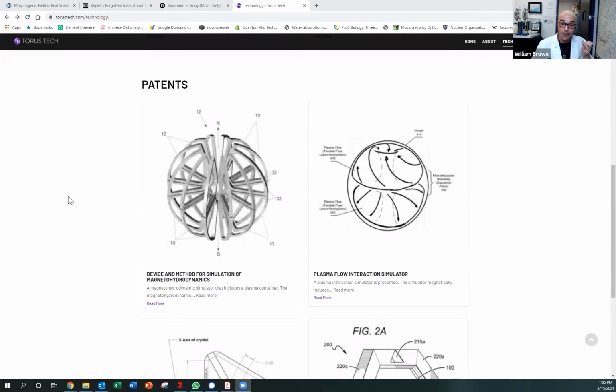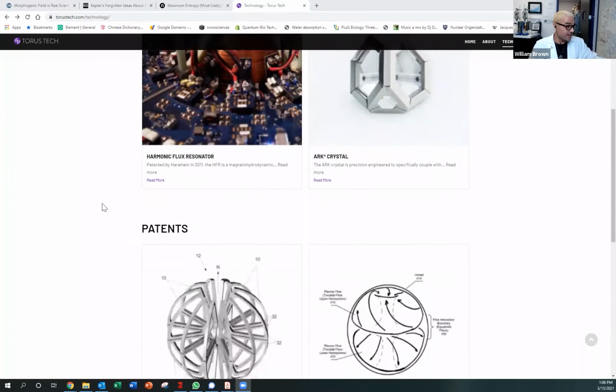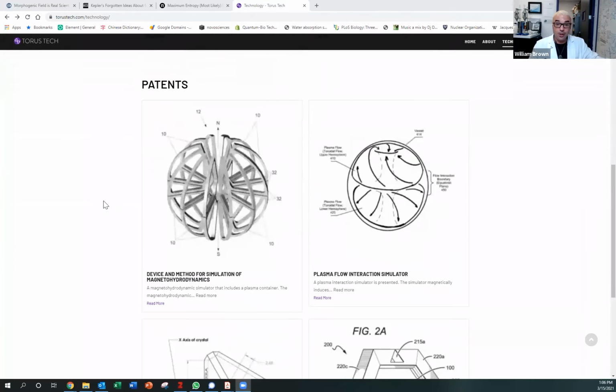It's all resonance, sympathetic resonance, sympathetic energy resonance transfer. And so each one of the ARC crystals is placed in the field of this harmonic flux resonator, and it's going to ring the crystals, just like that tuning fork. You strike it. If it's at the right harmonic, if it's at the right note, it'll cause our crystal oscillators to ring as well at that note.